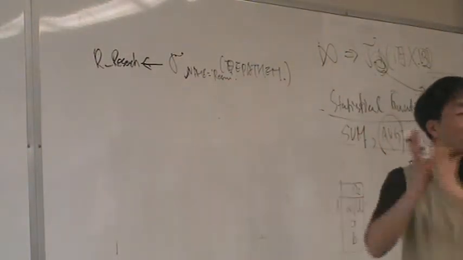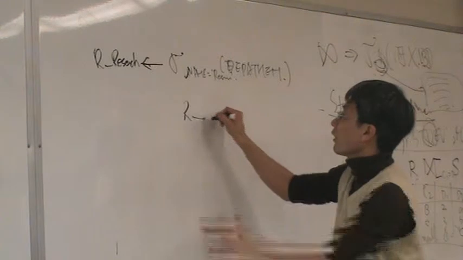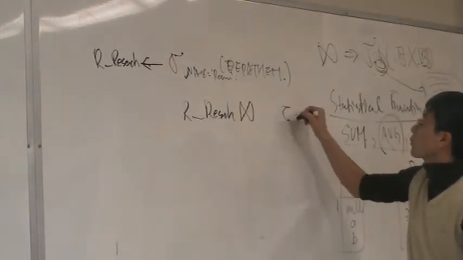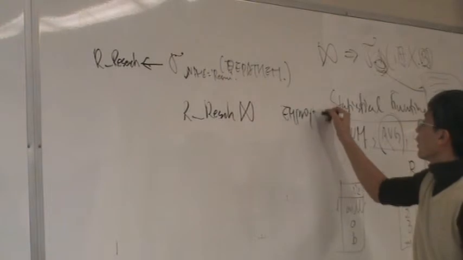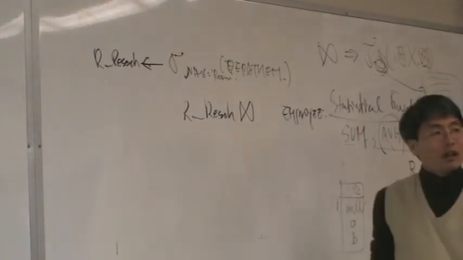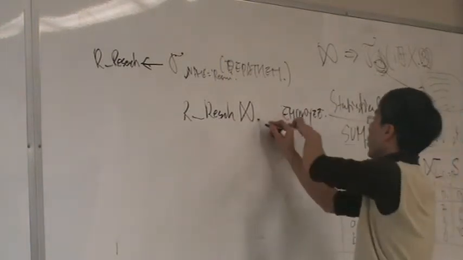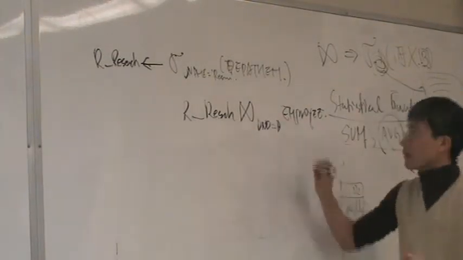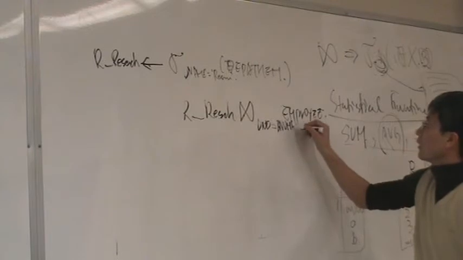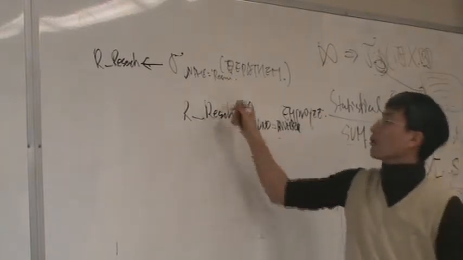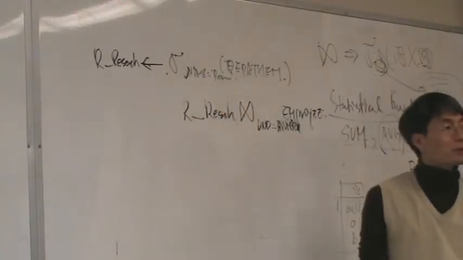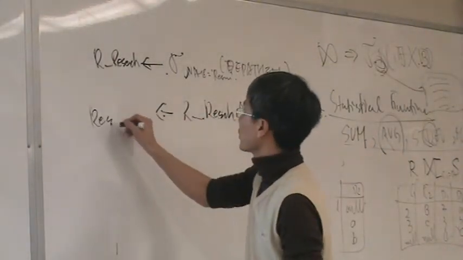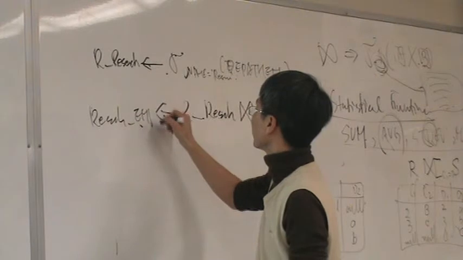We can join two tables, R_RESEARCH join with the employee, where DNO in employee should be the same as DNUMBER in R_RESEARCH, which is retrieved from the previous relation. This is the research employee.